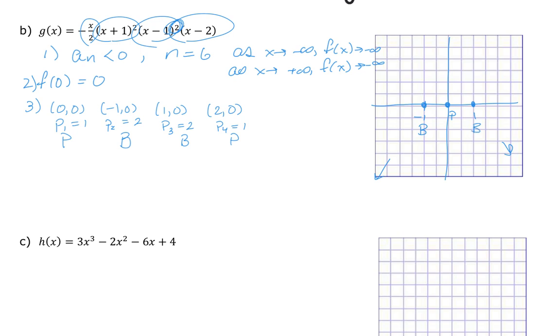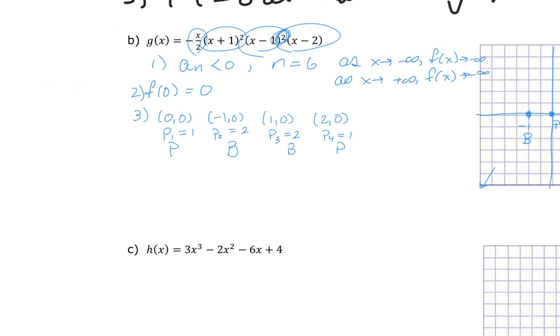And then we have the number 2, so here's where 2 is, and it's a pass. Okay, so I know number 4, I'm going to get a couple of points. I don't know what I'm going to get, but I'm going to get a couple of points. And then number 5, so if my degree is 6 minus 1, which is at most 5 turning points.